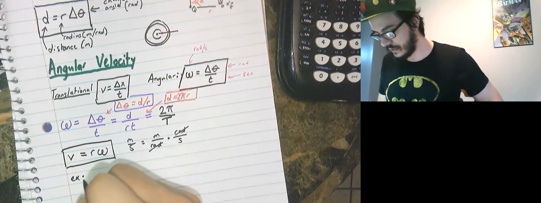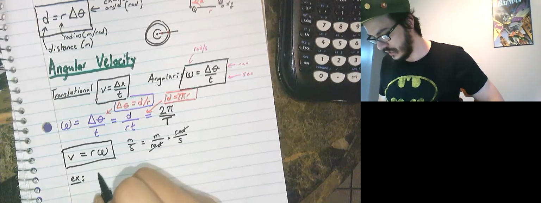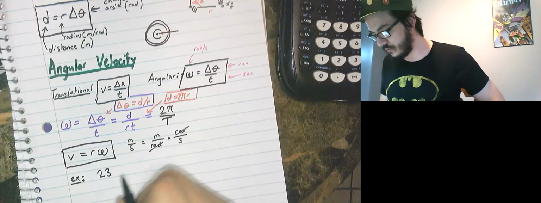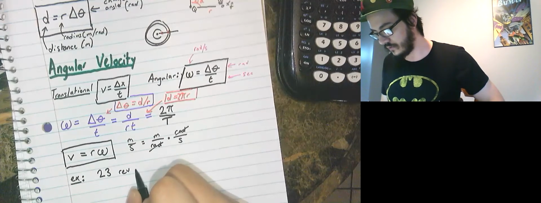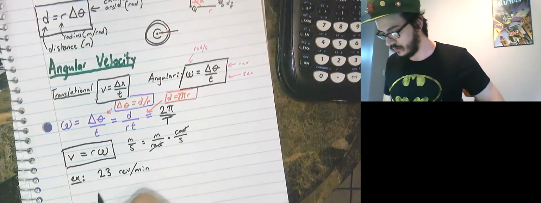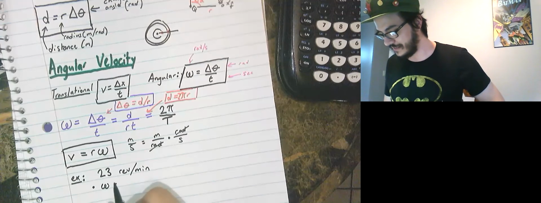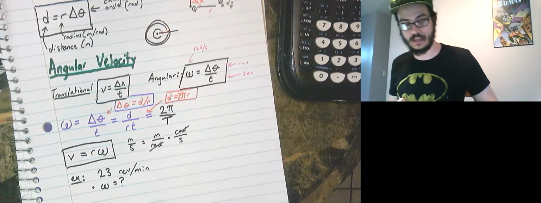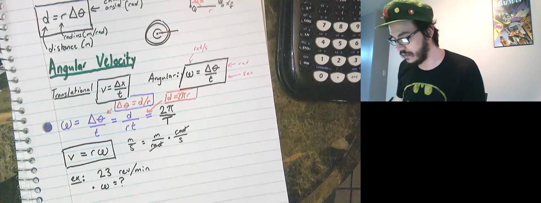Let's take an example. If you were given 23 revolutions per minute, question 1. What is the angular velocity in radians per second?